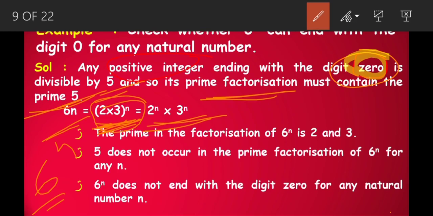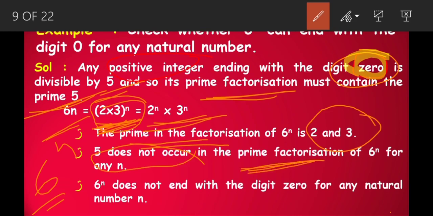Means the prime factorization consists of only 2 and 3. 5 does not occur in this prime factorization. So, as there is no 5 in the prime factorization, we can confidently tell that there will be no digit 0 for any natural number n in the place of 6 power n.